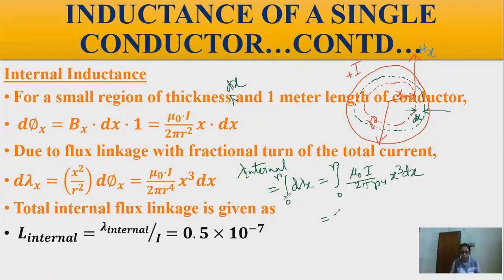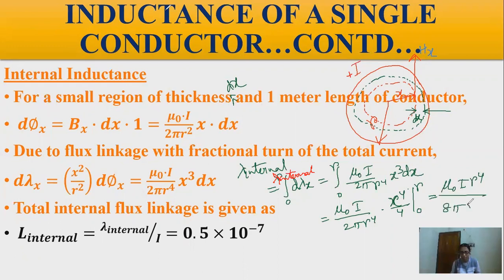That is mu naught I divided by 2 pi r to the power 4 into, not r to the power 4, actually it will be x to the power 4 by 4. Then from 0 to r it becomes mu naught I r to the power 4 divided by 8 pi r to the power 4. In numerator and denominator, r to the power 4 cancel each other.